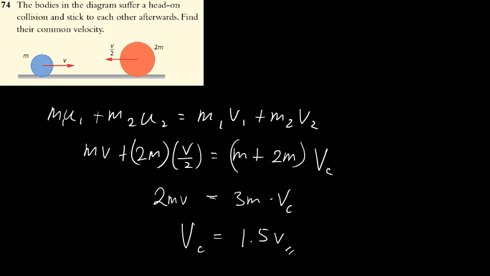I also made a mistake here, I actually overlooked this, and this one should be negative, and therefore I got the wrong answer here. Instead it should be 0, and therefore the common velocity will be 0 at last. And therefore this is a case where the kinetic energy is 0 after the collision.